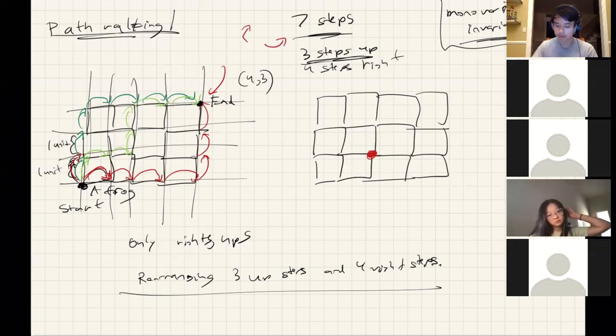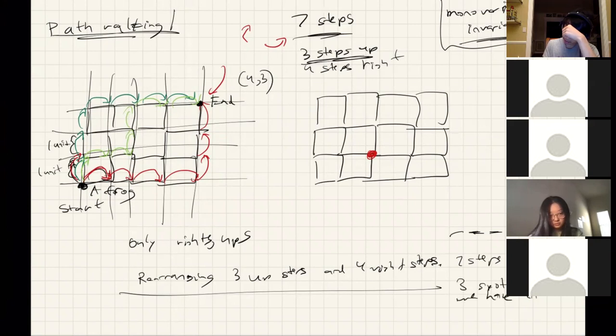So the way we can think about this is just to have 7 blanks for our 7 steps, and we're going to choose three spots where we have an up step, and the rest is by default a right step.